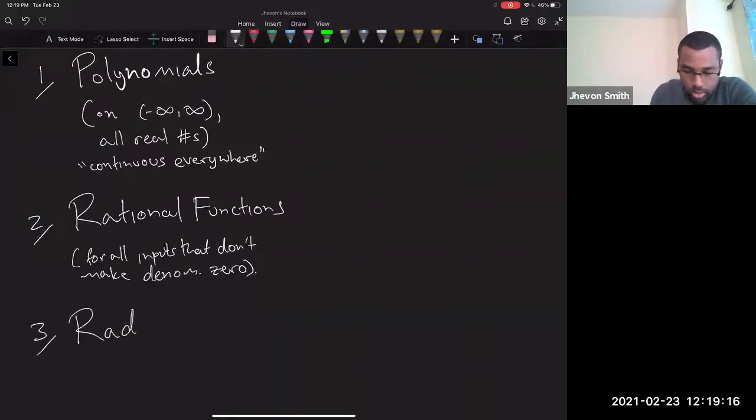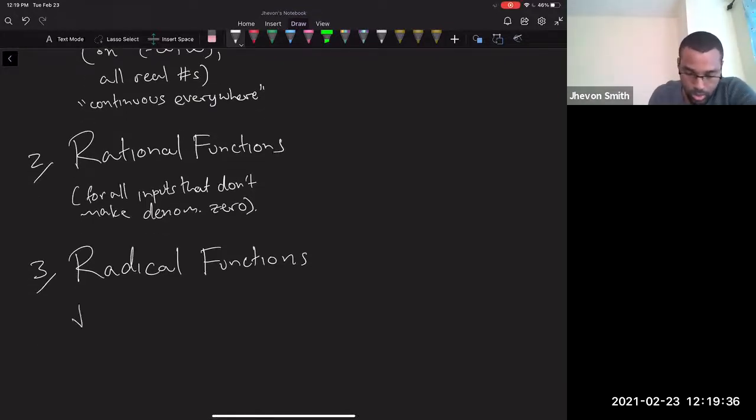Radical functions are continuous. Square root of x, cube root of x, etc. As long as you're not taking the square root of a negative, you're going to be continuous there. It works the way we've been describing earlier. For example, the nth root of x is continuous on 0 to infinity if n is even.